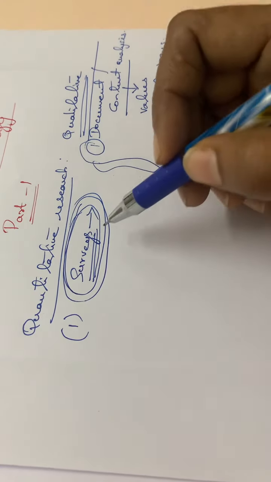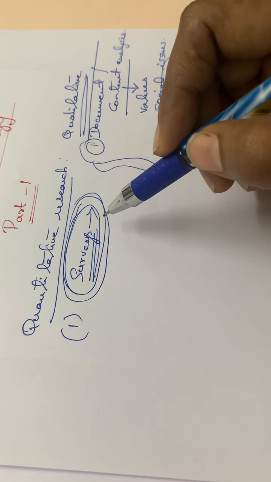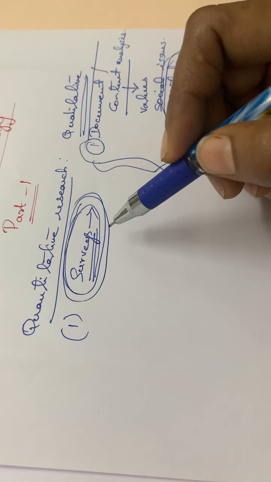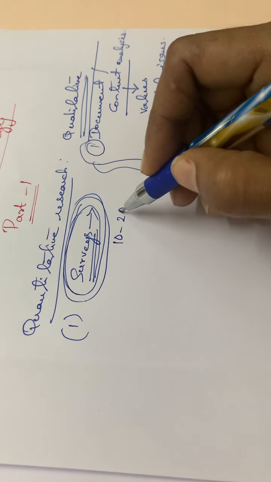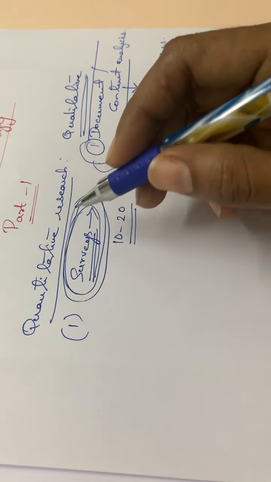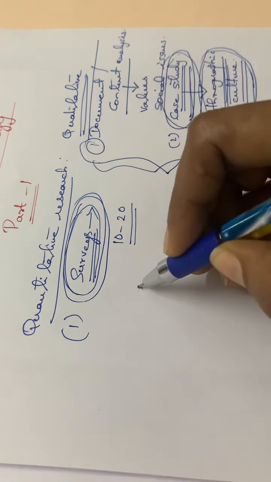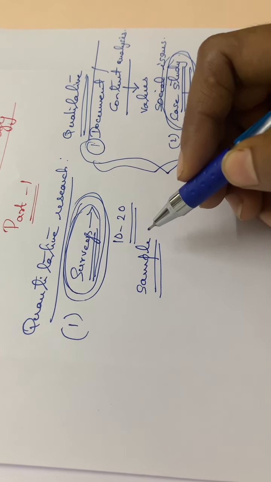Okay, so surveys means it is a quantitative research. We are quantifying the data we have obtained, isn't it? Sometimes a questionnaire is prepared with some 10 to 20 statements, and it is given to the students, or whatever the sample is, to whom we are giving the surveys. That is called the sample.